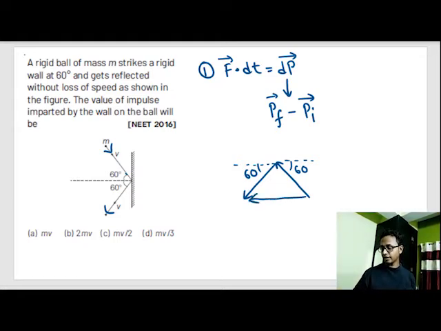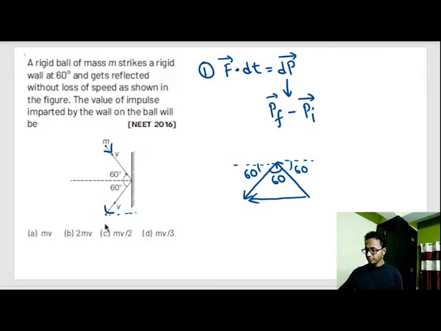Now if we apply a little bit of geometry, this is a straight line, this is a straight line. Now a straight line has 180 degrees. This is 60, this is 60, we can easily say that this is 60. Now the angle made by this vector with the horizontal is 60.